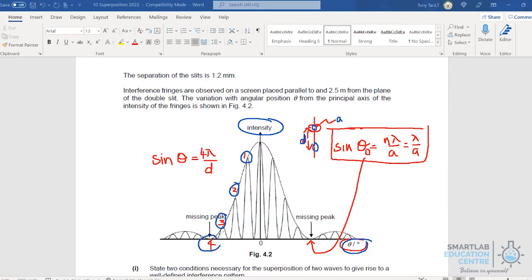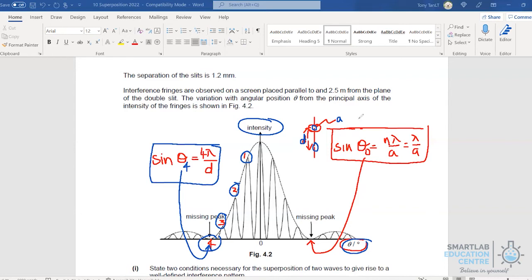And it seems that the fourth maxima is missing in terms of its bright fringe. So based on the fourth maxima itself, this will be the formula that you could use for your calculations, and the angle theta 4 will actually be this. The reason why the fourth maxima is missing is because for the double slit, each slit itself actually has its minima.